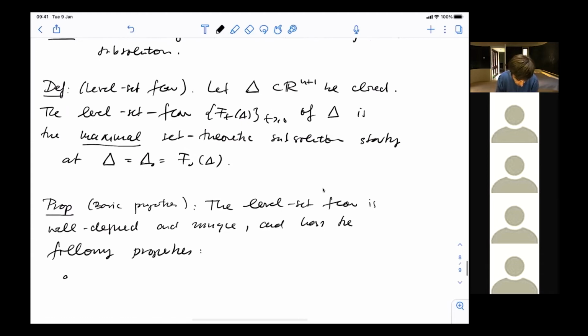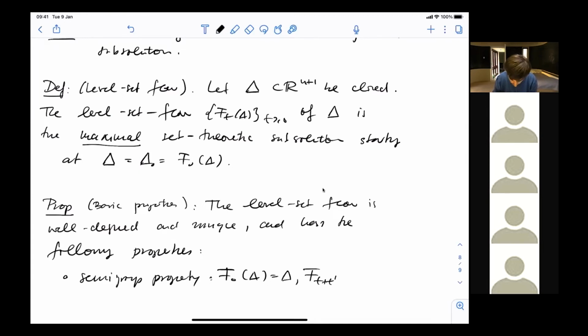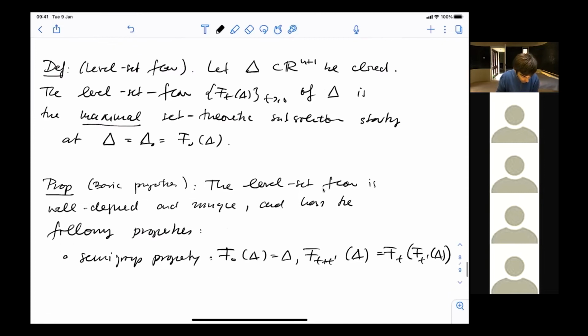So the first thing, we have the semigroup property. We have F_0 of Delta is Delta, first the identity, and F_(t+t') of Delta is F_t of F_(t') of Delta. This is just the normal semigroup property.